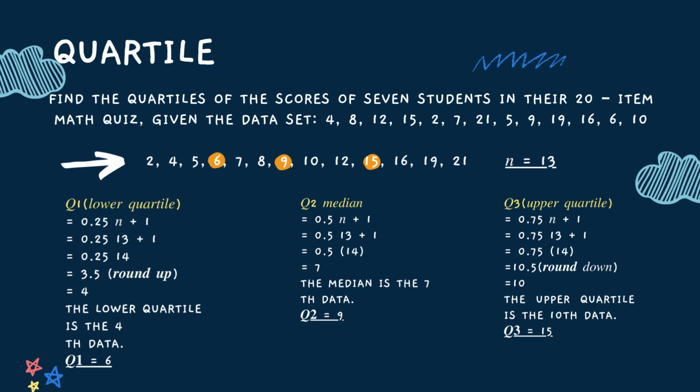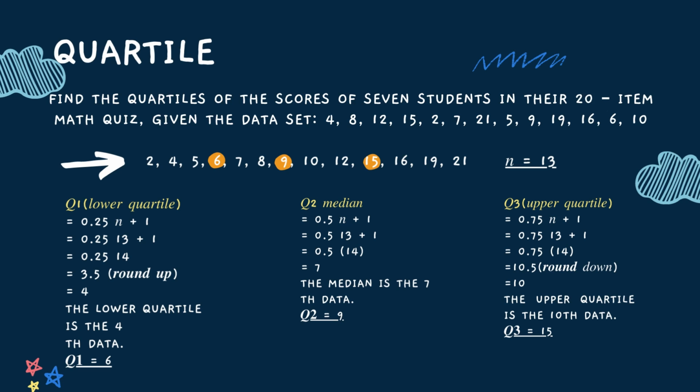The n plus 1 should be calculated first, then afterwards you multiply it by 0.25. Here, n is 13 plus 1, and 13 plus 1 is 14. Then you multiply it by 0.25, and the answer is 3.5. You round it up since this is the lower quartile, so the result is 4. We need to say that the lower quartile is the fourth data. As you can see, what is the fourth data?